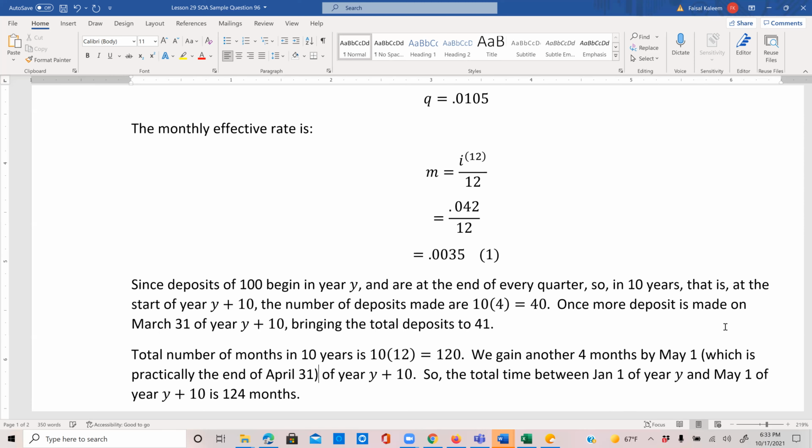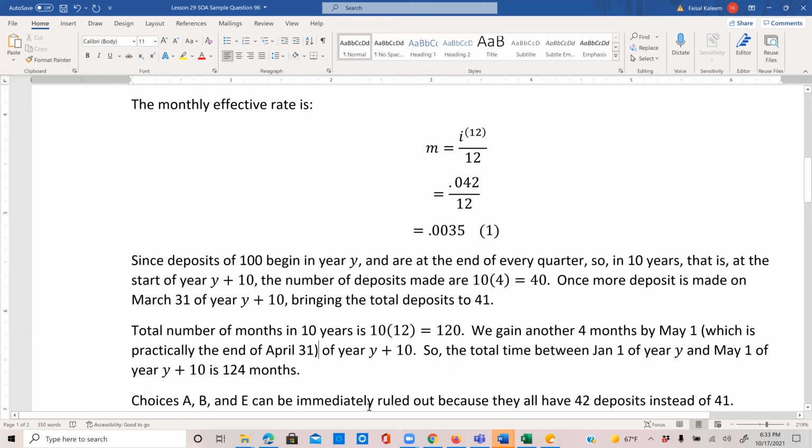So there's no difference really. So 4 months, January, February, March, and full April. And so before May 1, we have 4 months. That brings the total months between the start of year Y until May 1 in year Y plus 10 to 120 plus 4 equals 124.